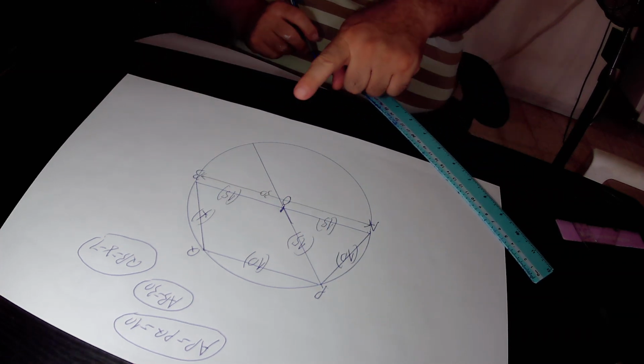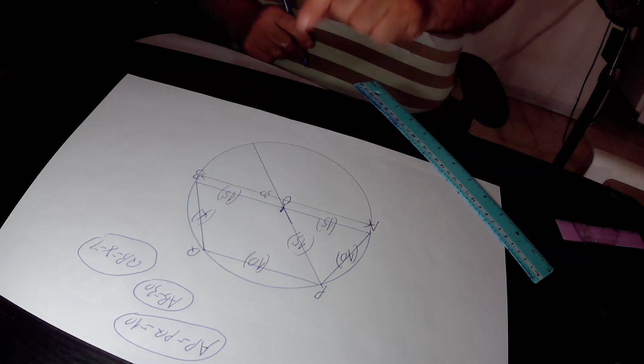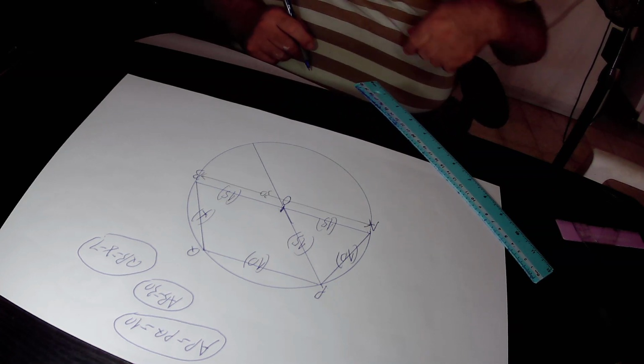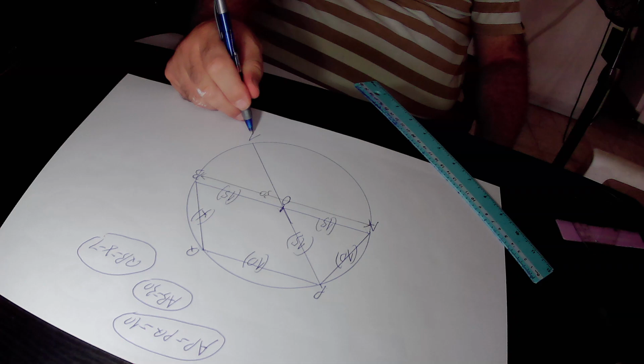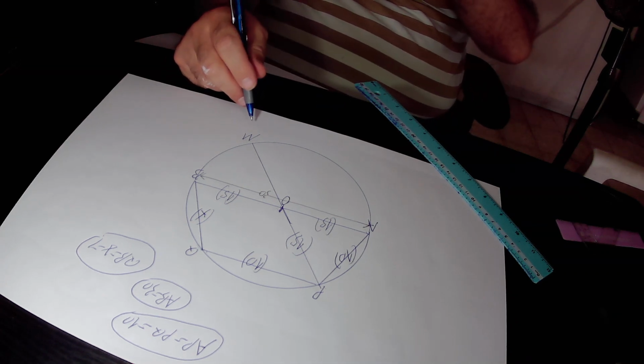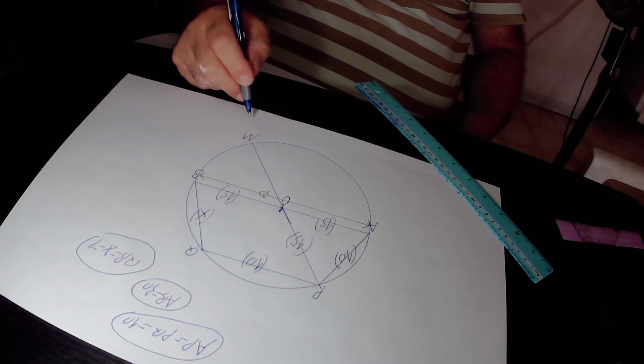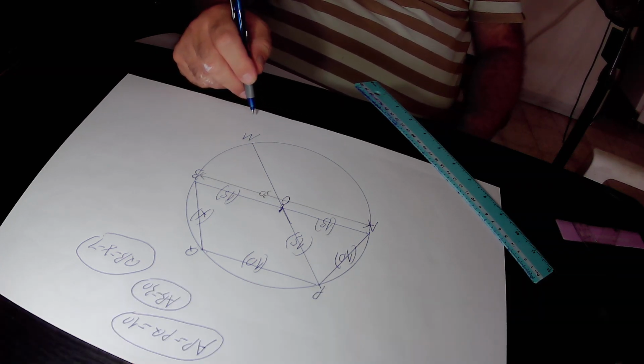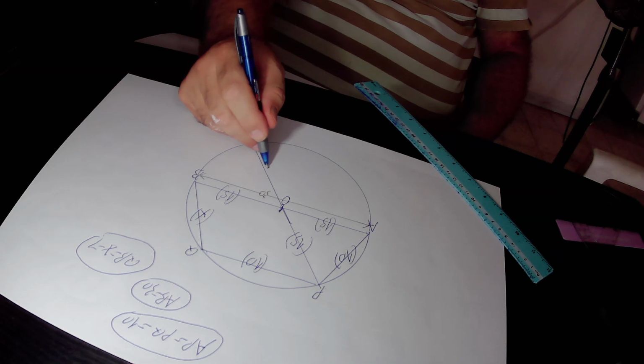This is the touching point of the extended radius PO with this circle, so we'll define this touching point as point M. Point O is the center of the circle, point M is a point on the circle itself, therefore OM is the radius of this circle that is equal to 15 units in its length.